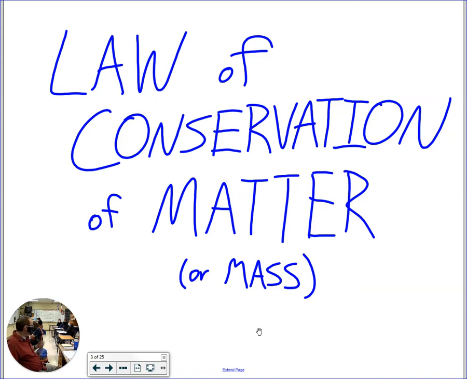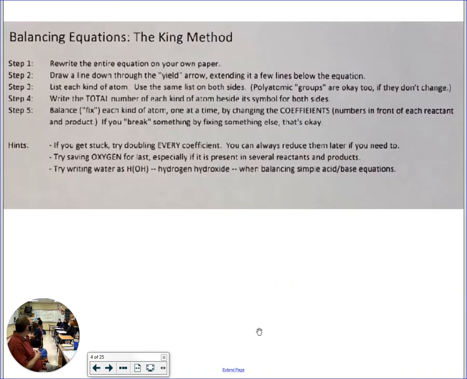So I'm going to introduce to you today what I like to call the King method for balancing equations. And it is so ridiculously simple. Anybody can do it, and there is no way you can go wrong using these steps. So I'm going to ask you to keep an open mind and work along with me, and we'll see how you feel about things toward the end of class.